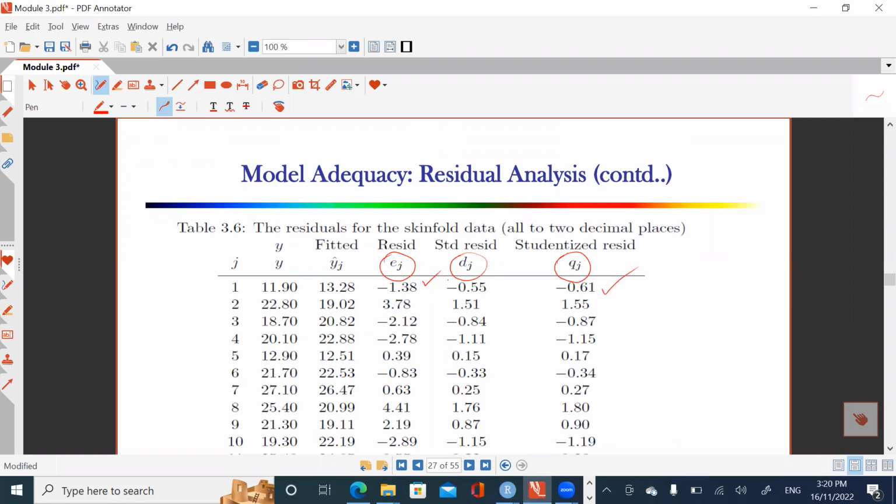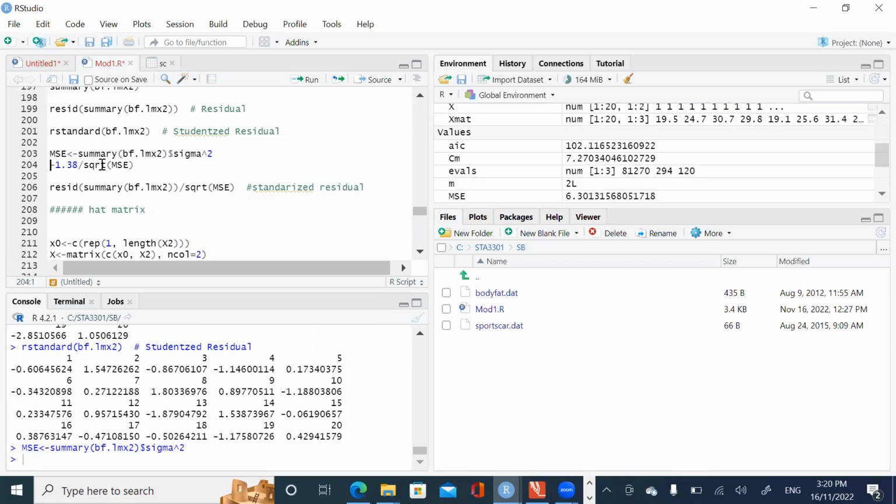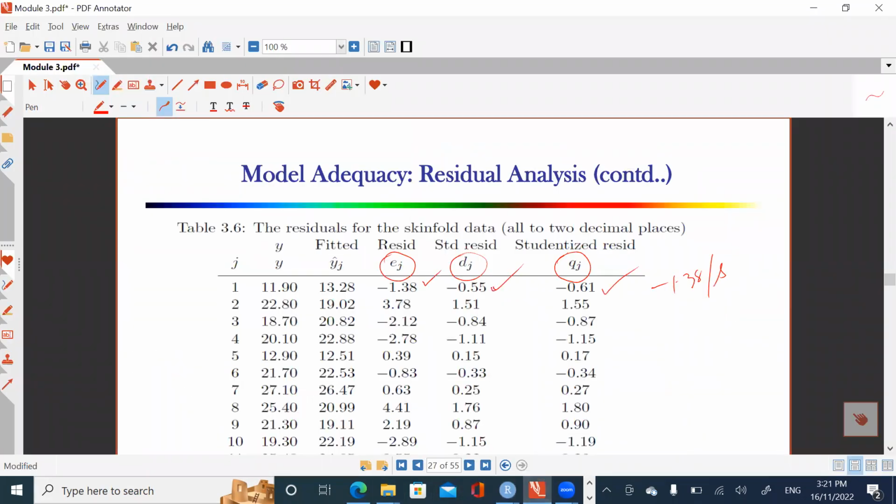If we divide negative 1.38 by S, then we'll get the d_j. And S here is the square root of the MSE, that means the unbiased estimate of sigma square. This is the model here. If we take the square root of the MSE, sigma hat square, we'll get the first value, which should be negative 0.55.